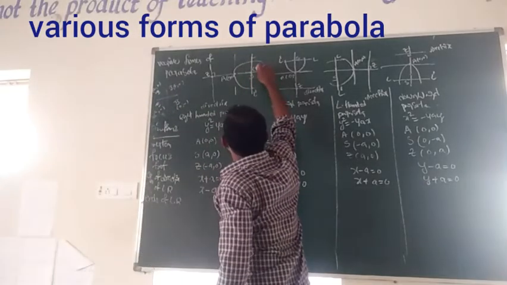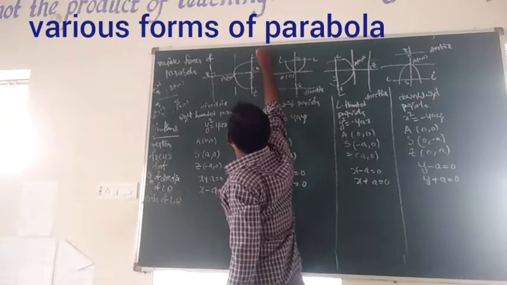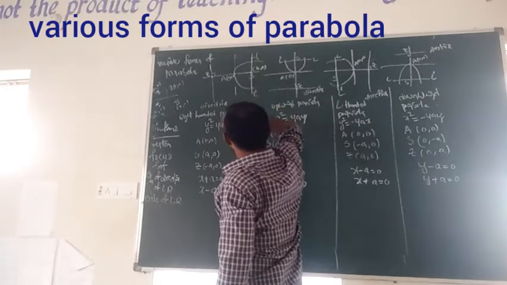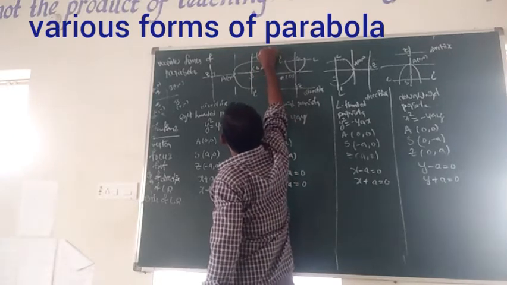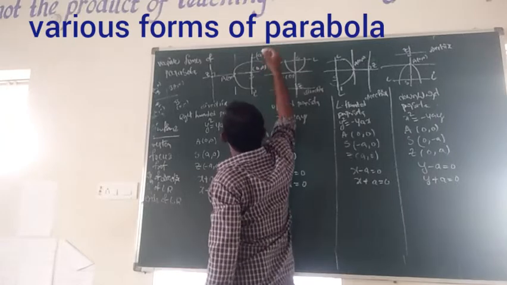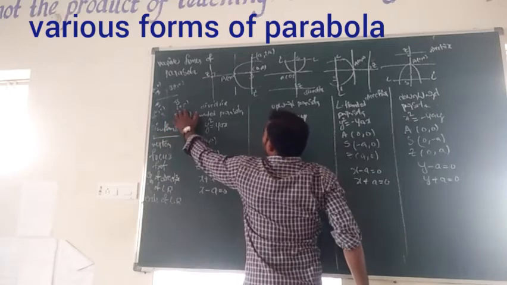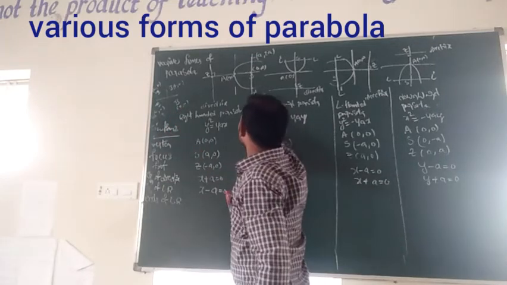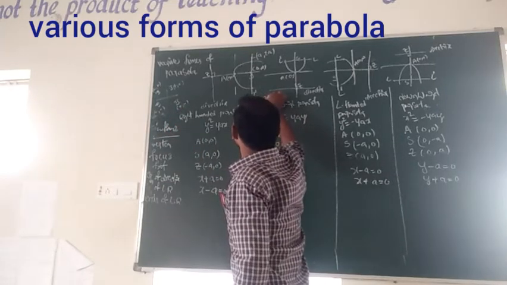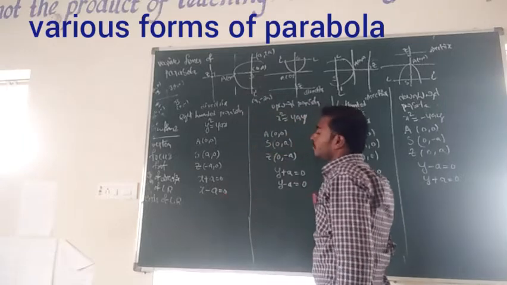Suppose here the x value will be a, so we may take a comma 2a. This is the negative side of the fourth quadrant, we may take a comma minus 2a.